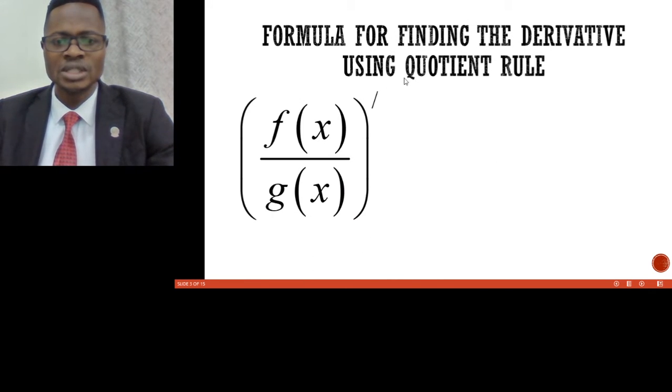We are going to be using this formula. What we are saying is that we are given two functions, f of x divided by g of x, and we are required to find the prime of this function. The prime of this function simply means the derivative of this function.